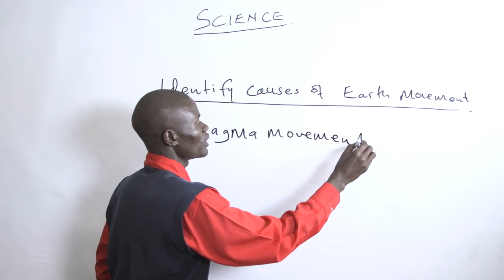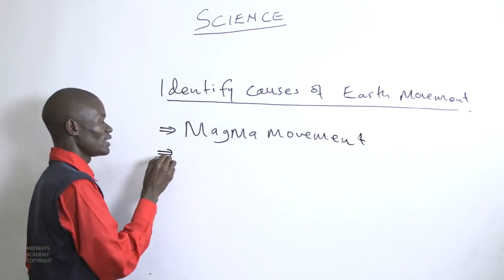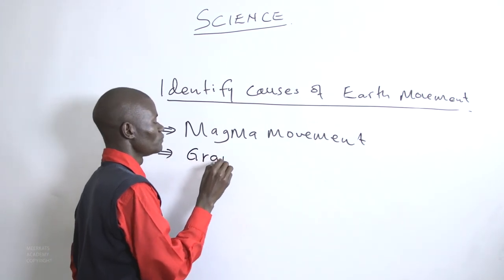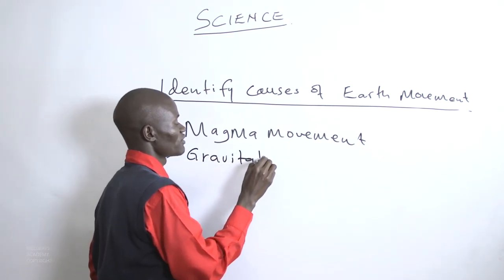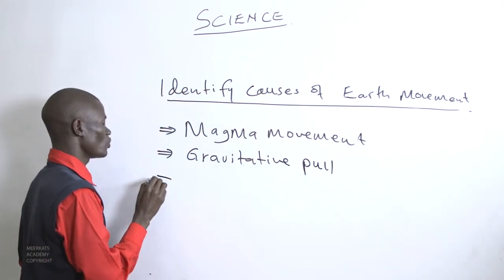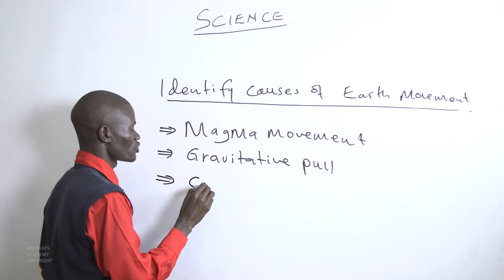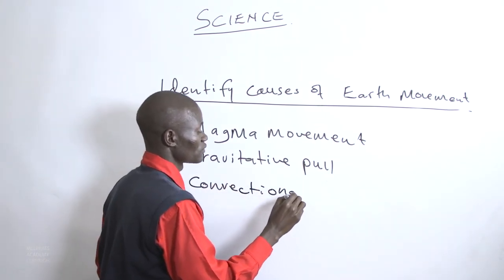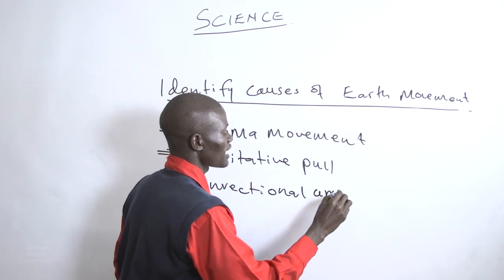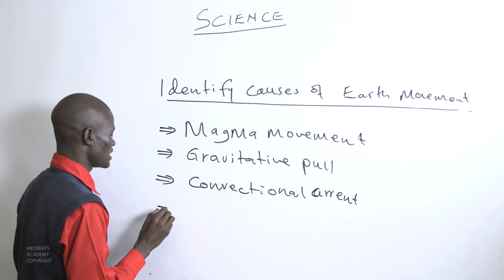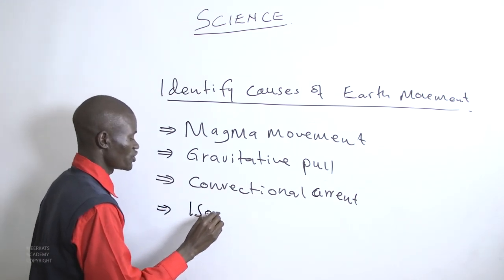Then we have been able to see the gravitative pull. And then also we have looked at the convectional currents in the mantle, and lastly isostatic adjustment.